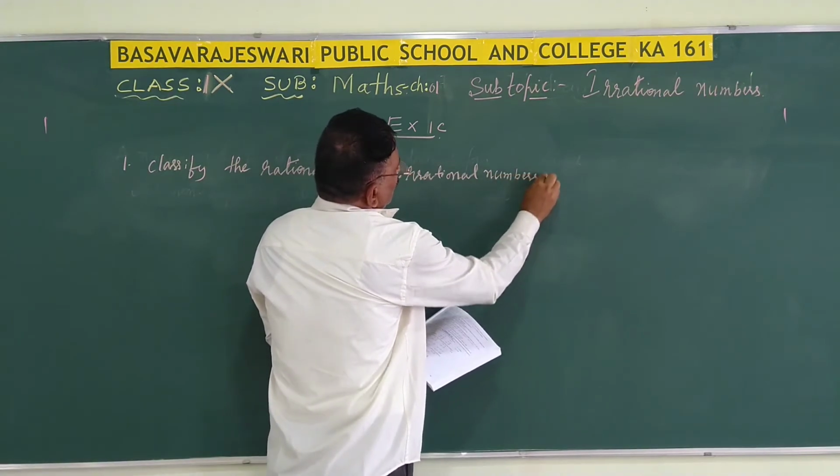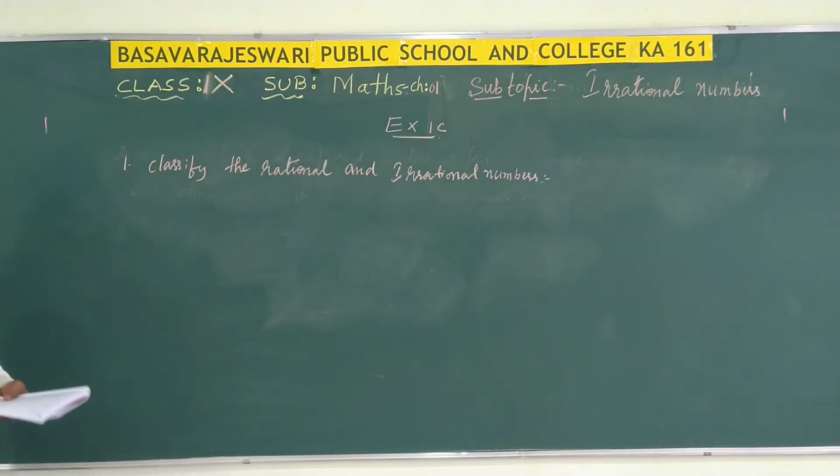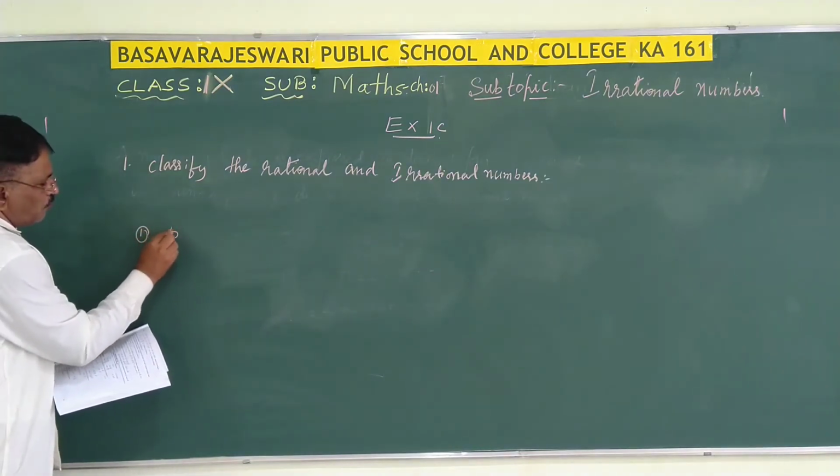That means he has given a few numbers. You have to say whether the given number is a rational number or an irrational number. So I'll take a few questions.